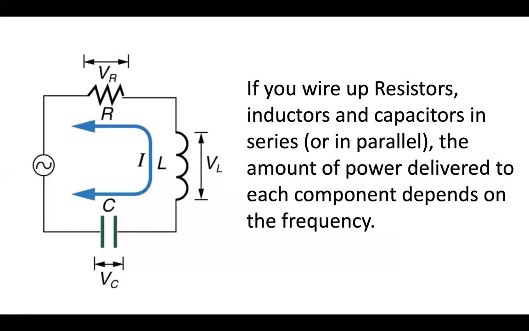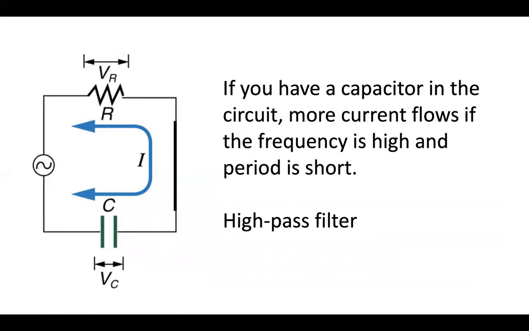So in general, if you have resistors, inductors, and capacitors, the way these circuits respond to voltage sources and what kind of way the energy and voltage is distributed depends on frequency. If you have something that just has a capacitor in it, then DC currents can't flow because there's no way for current to flow from one side of the capacitor to the other.